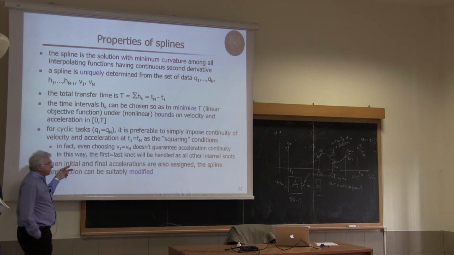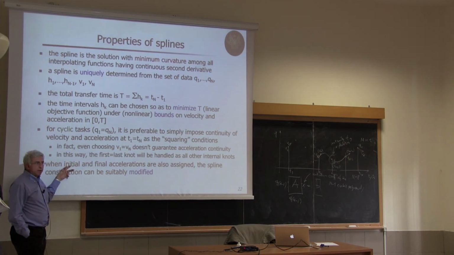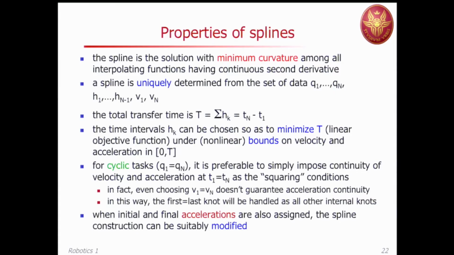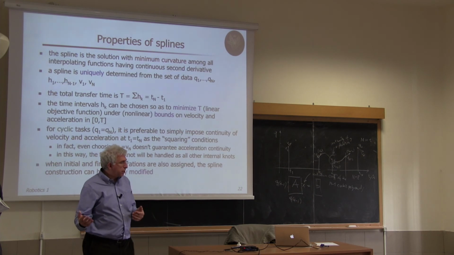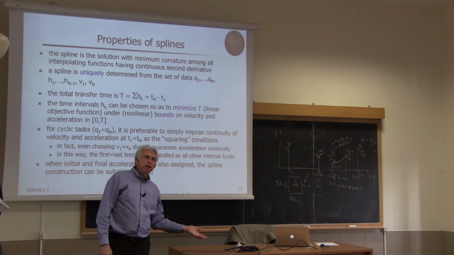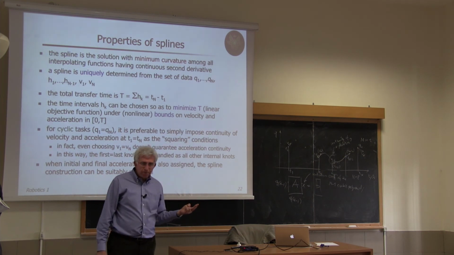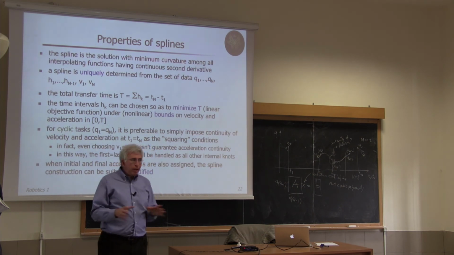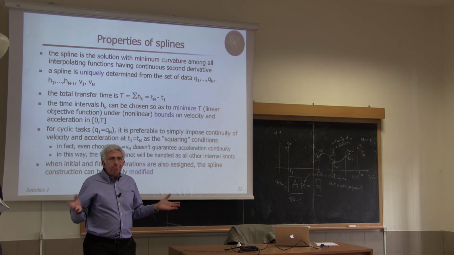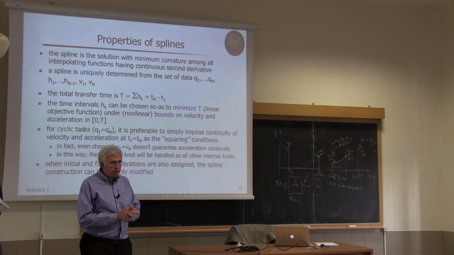Now, the last consideration that I want to make is what happens if in this framework we have also an additional condition on initial acceleration and on final acceleration. So we have two extra conditions beside initial and final velocity. Should we throw everything away, or how can we modify the approach?